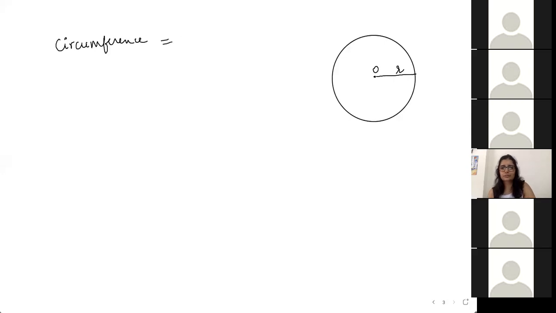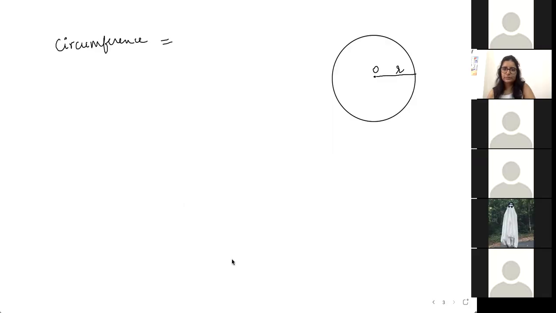Circumference will be equal to 2 pi r. 2 pi r is absolutely right. So note these down, whether or not you noted down the previous ones. These are all important. The next formula is the area of a circle: pi r square. These two you're familiar with.